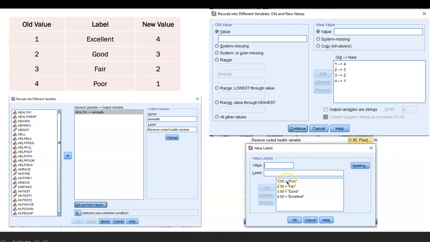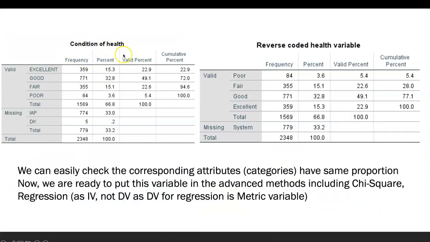So 1 will be poor in the new variable, 2 will be fair, 3 will be good, 4 will be excellent. Then the original variable excellent is now excellent for 359 cases here, so they are all matched together.